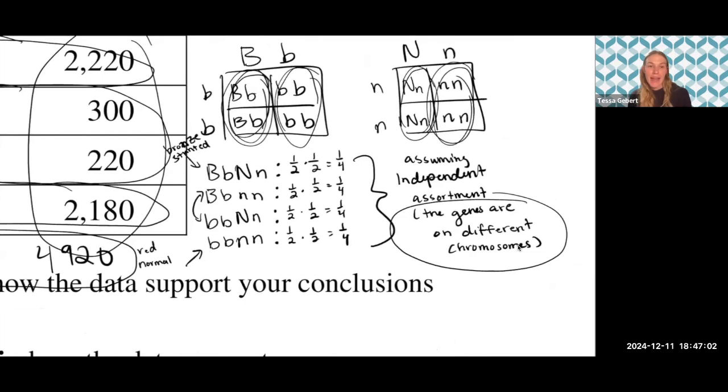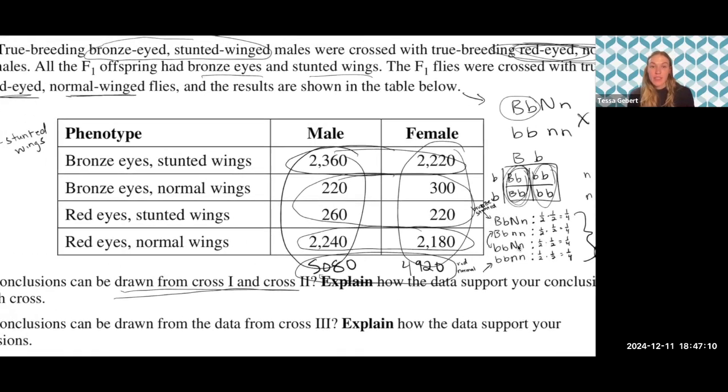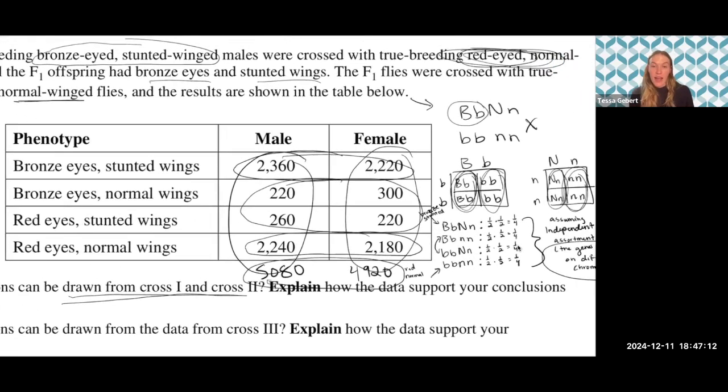Since this doesn't match my ratio, the genes are likely to be on the same chromosome. Now, that's not the only way to not see the expected ratios. We have other inheritance patterns that we might not have considered earlier. But in this case, I actually feel quite confident they're on the same chromosome, and here's why.